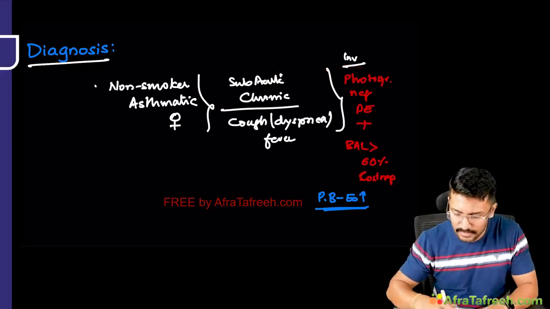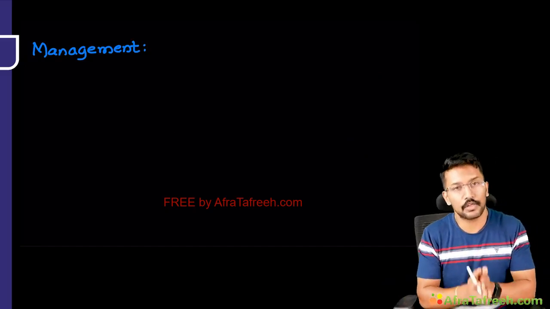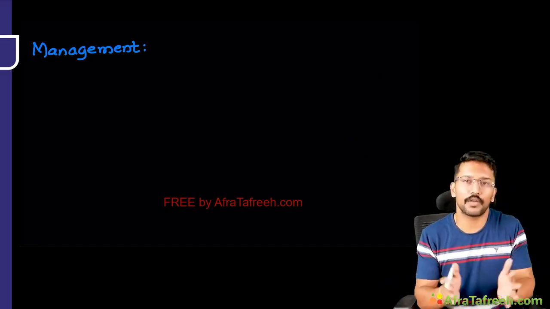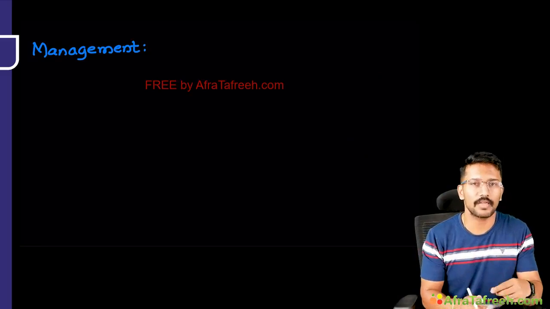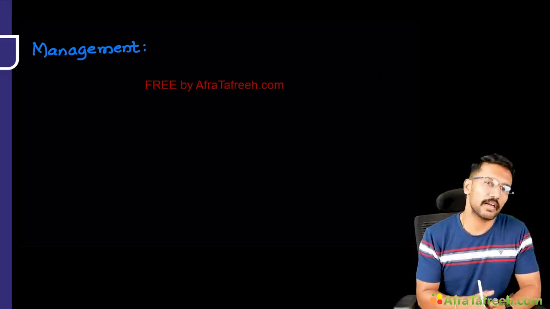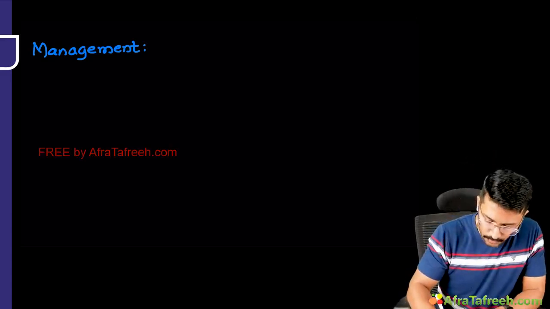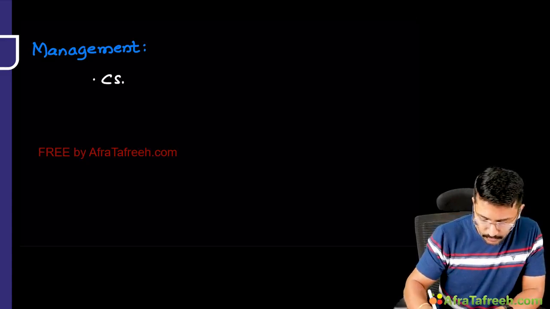Now, how do we treat these patients? These patients are also treated with steroids, and luckily, even chronic eosinophilic pneumonia patients have very good response to steroids. The only problem is that unlike acute eosinophilic pneumonia, patients with CEP generally have a tendency for relapse. It's not a one-time event. Okay. So corticosteroids are the mainstay of treatment.